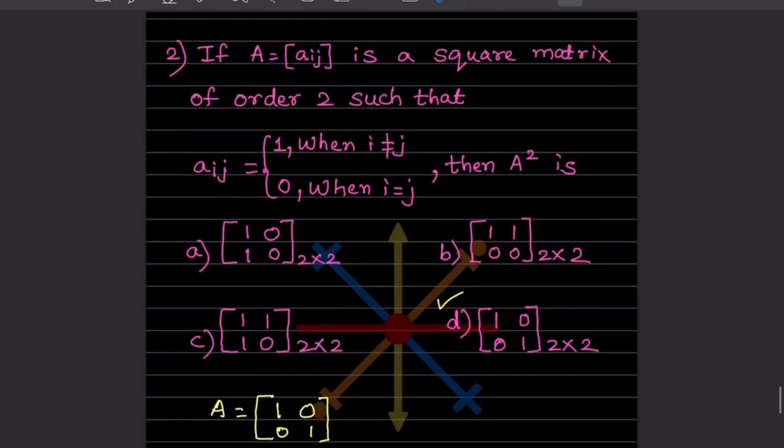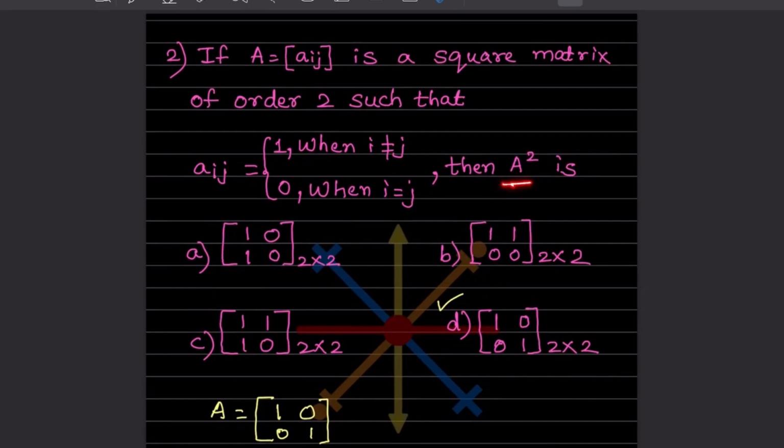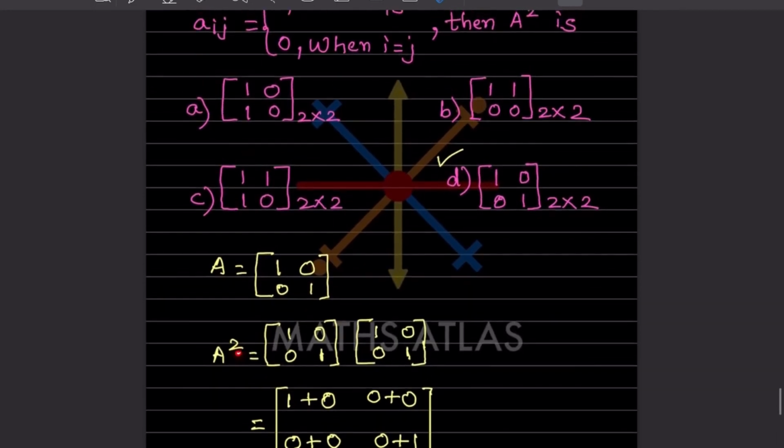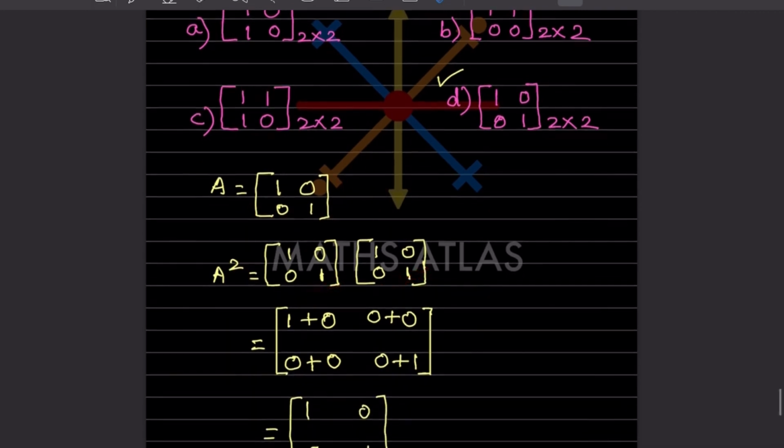So now we want A square. A square means we can also write A square will be A into A, one step over here, and A we are already given as 1 0 0 1. So you're going to write the same twice. So now what are you going to do here? You're going to multiply: 1 times 1 is 1 and plus 0, 0 plus 0. Now this is done. Now let us take this one.